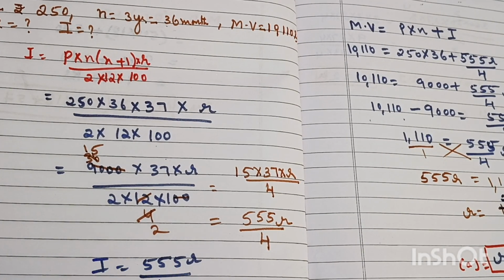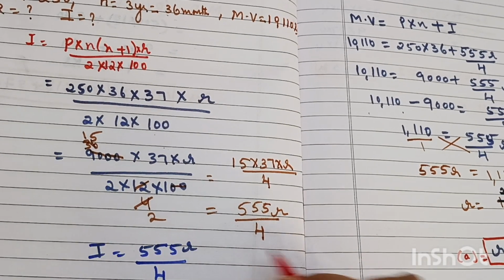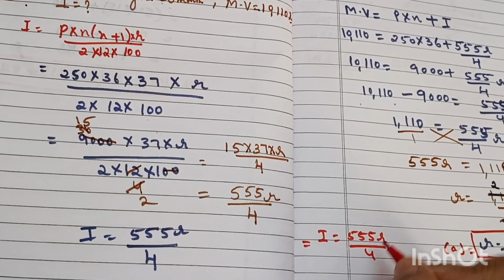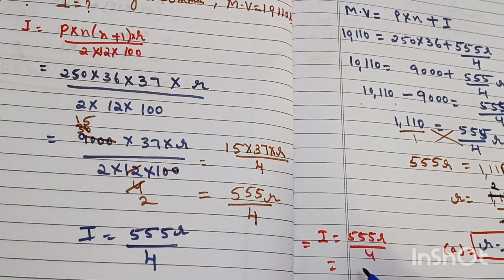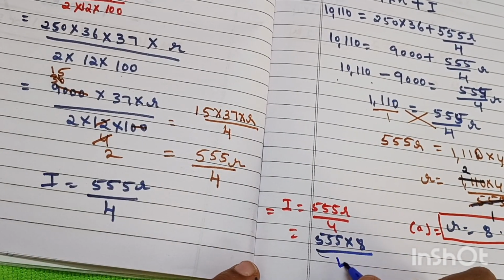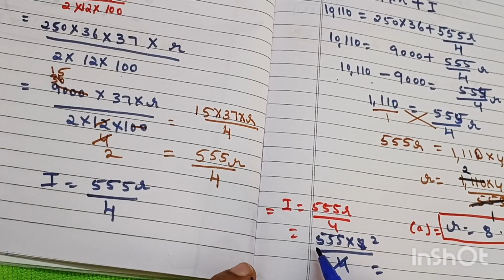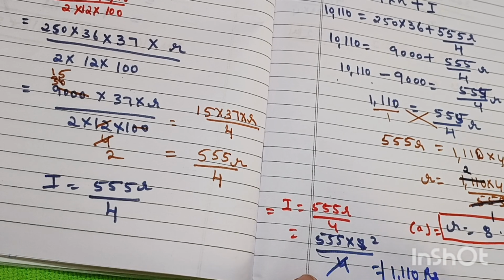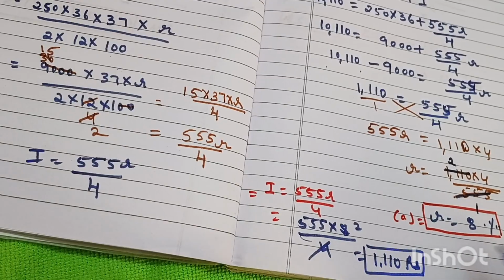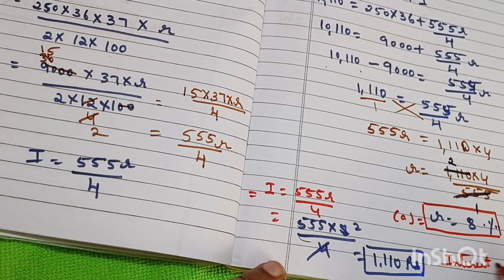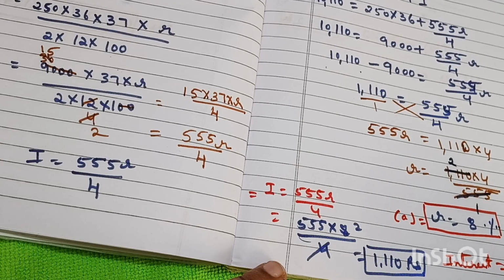So what is the actual value for that? 555 R by 4 means I is equal to 555 R by 4. How much is the rate of interest? 8. 8 by 4, 4 ones are 4, twos are 2. So 555 into 2 is 1110 rupees. So interest is 1110 rupees.